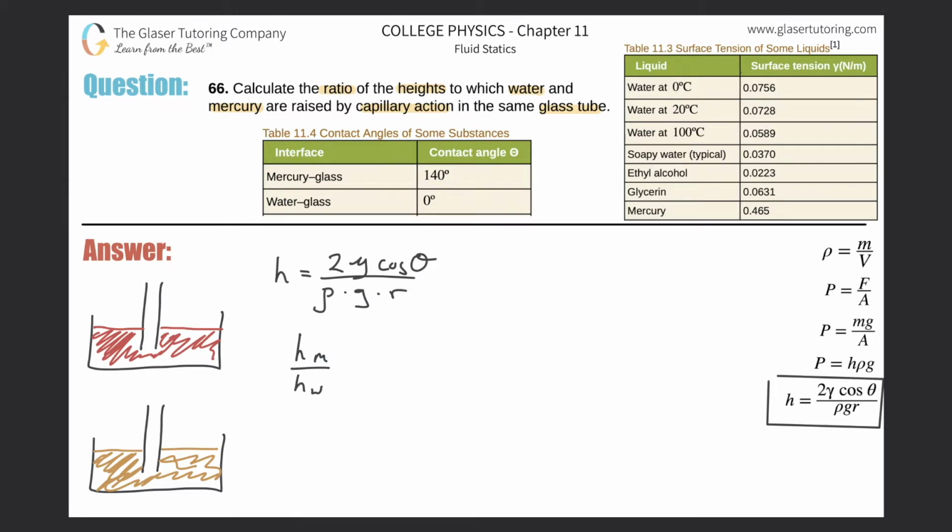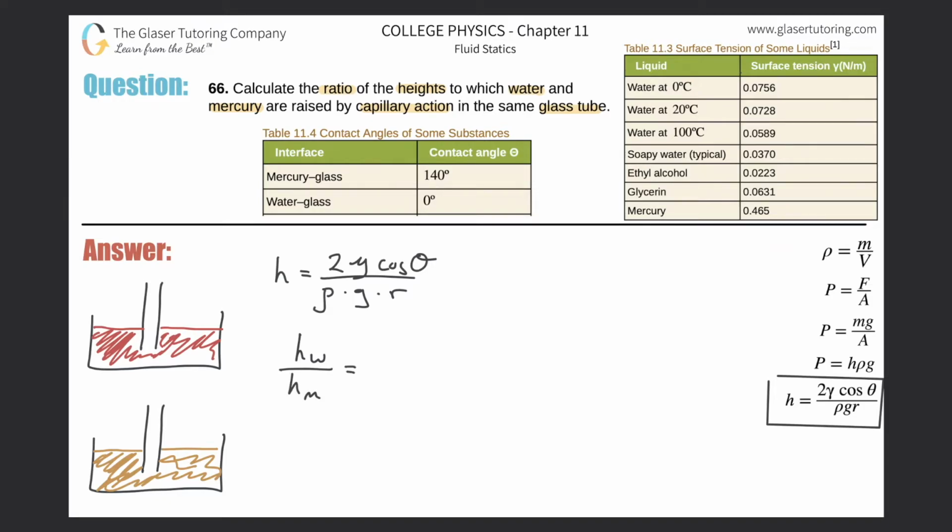I don't really know. It shouldn't matter, though, in terms of what the ratio means. The answer will just be the reciprocal. It doesn't matter how you organize it, so I'm just going to do exactly how I read it. It's the height of the water relative to the height of mercury.